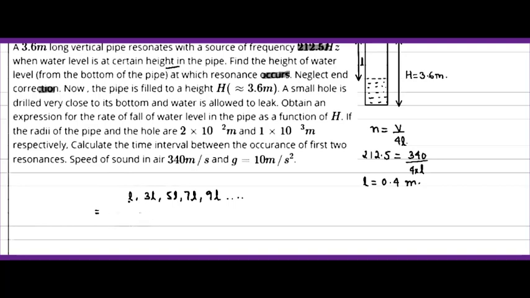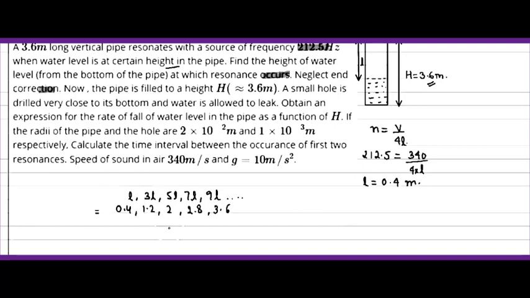We will calculate that later. So this is 0.4. If you multiply it by 3, it will be 1.2. Multiply 0.4 by 5, this will be 2. Multiply it by 7, this will be 2.8. And if you multiply it by 9, this will be 3.6. Now since the total length is 3.6, we will not have any resonance length beyond this.